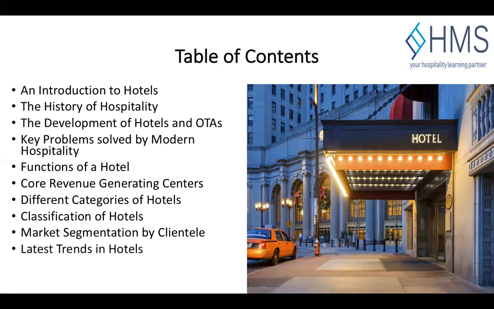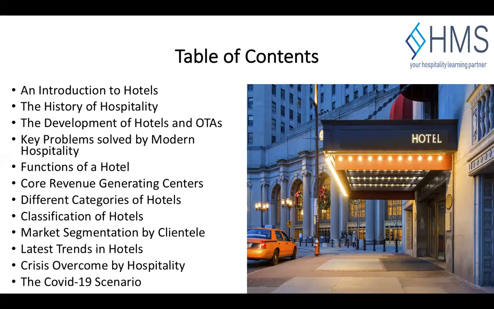Now, there have been several technological trends in the hospitality industry, and there have been several crises that have been overcome by the same. During the pre-COVID scenario, it was an entirely booming industry and sector. However, all is not lost, as they usually say, this too shall pass.